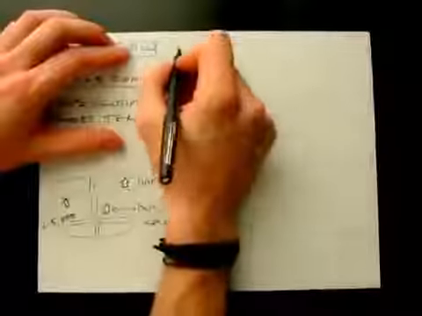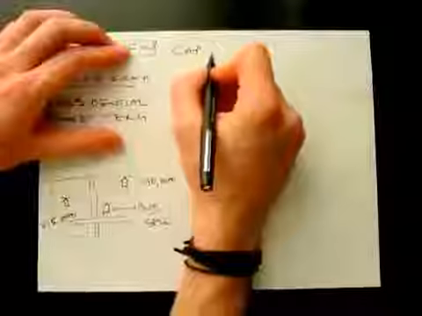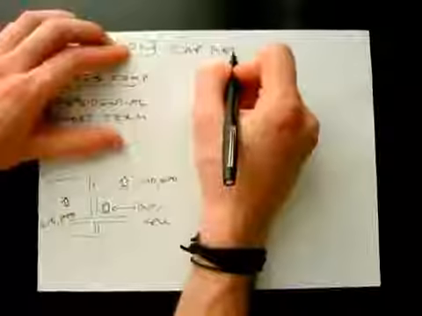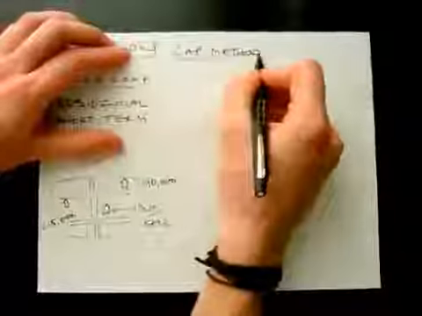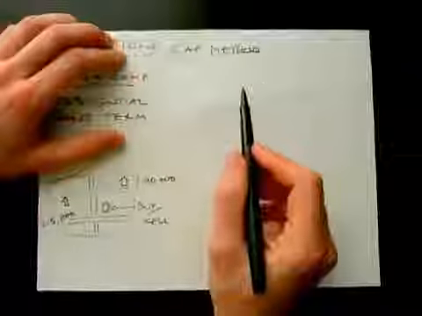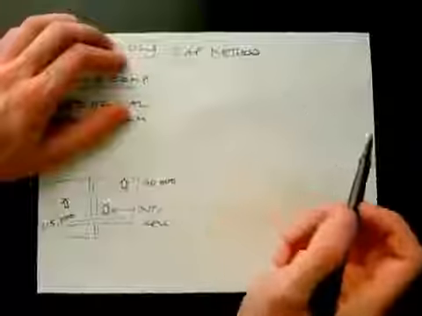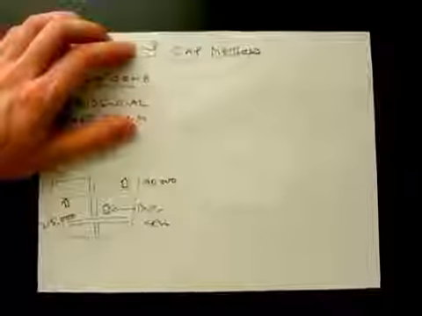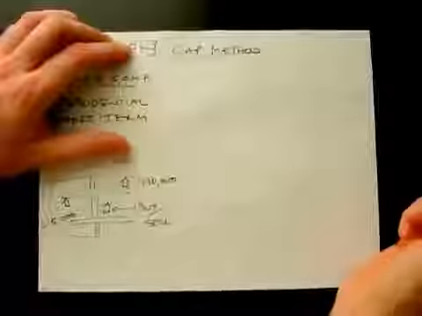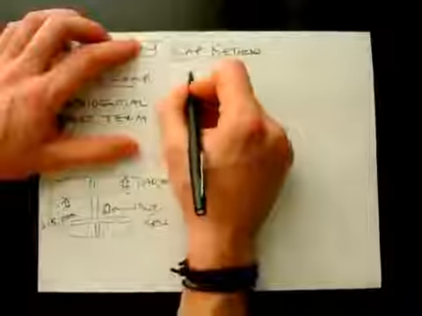Another method that you'll use is the capitalization method. So we've talked about cap rate before. If you need a refresher, you can go back to the video where we talk about cap rate, price, and NOI. So the capitalization method pretty much looks at the cap rate.